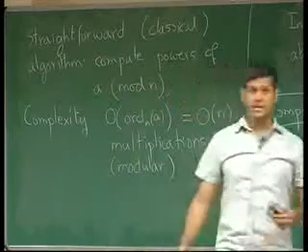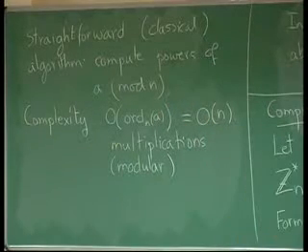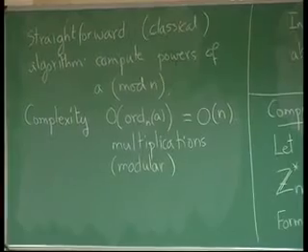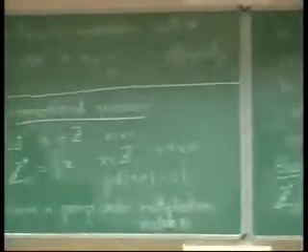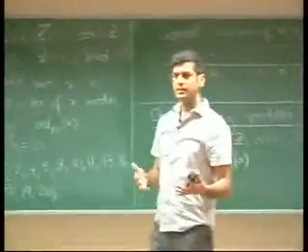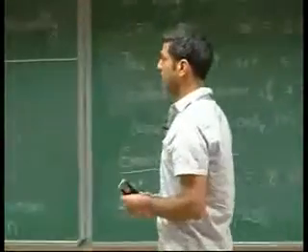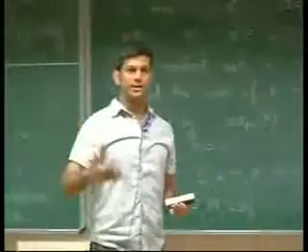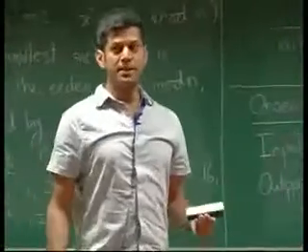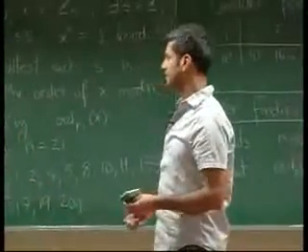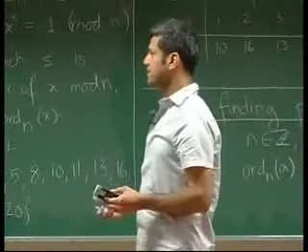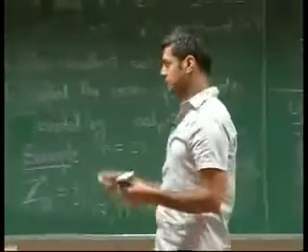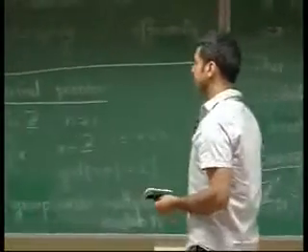Now, multiplications are actually cheap operations, computationally speaking. Meaning, if I give you two k-bit numbers, then to multiply them, even by the method that you learned in primary school, you would take k-squared operations if it's represented in binary.